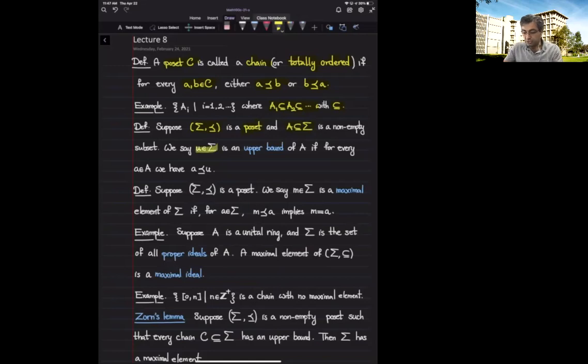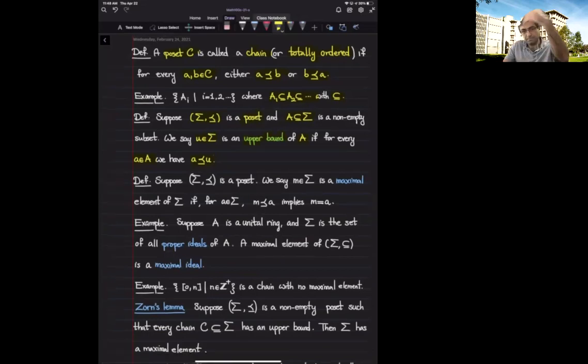Then an element u of sigma is called an upper bound of this set A if for every element small a inside this set, small a is at most u. So u is an upper bound for all the elements. But what is important is that u itself does not necessarily belong to the set capital A. This upper bound doesn't have to be inside the set capital A. It can be outside, inside the partially ordered set that we started with.